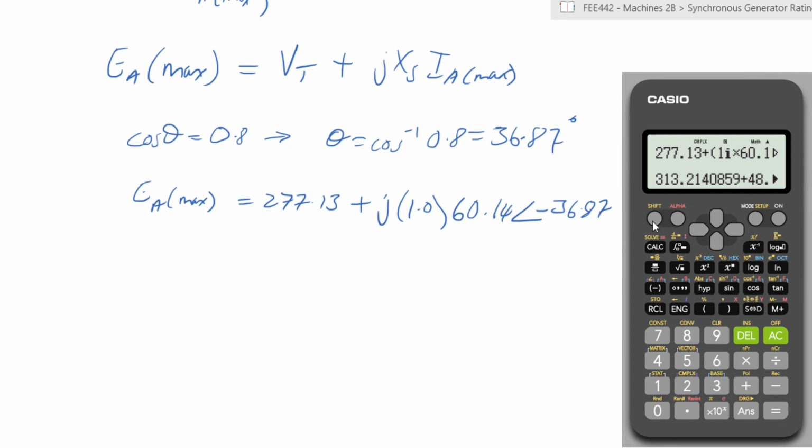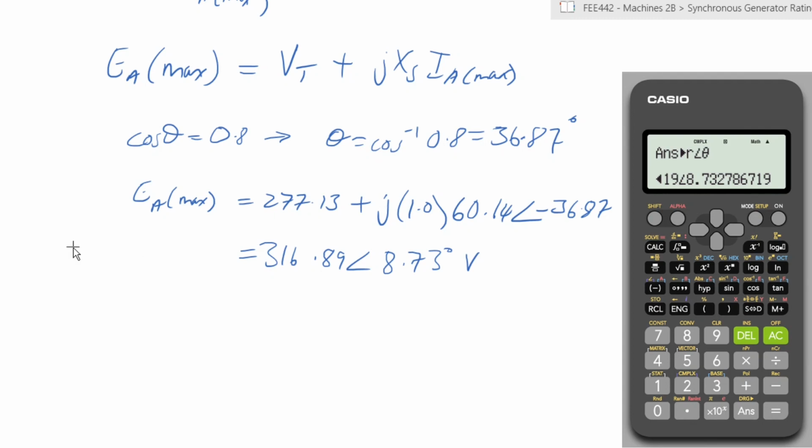And that gives us 316.89 volts at an angle of 8.73. Okay, so that is our value of EA at the maximum possible angle.